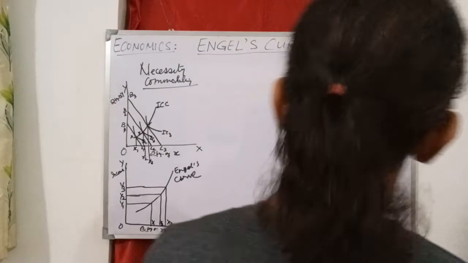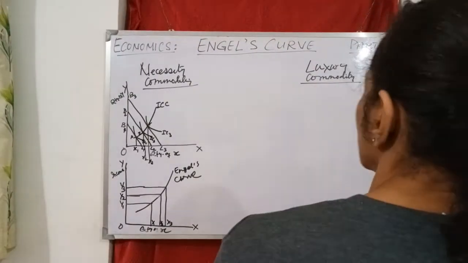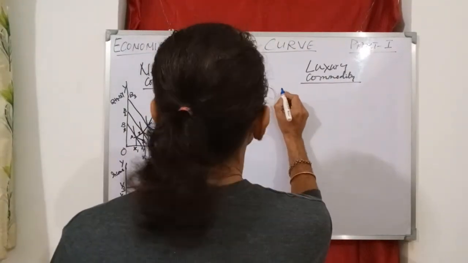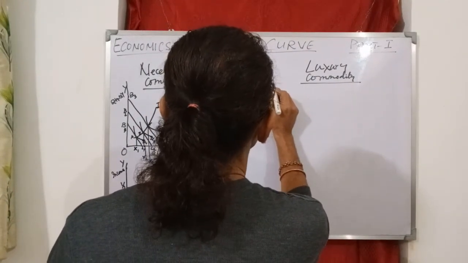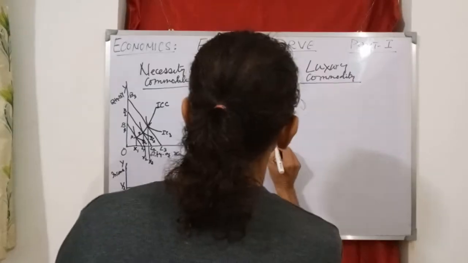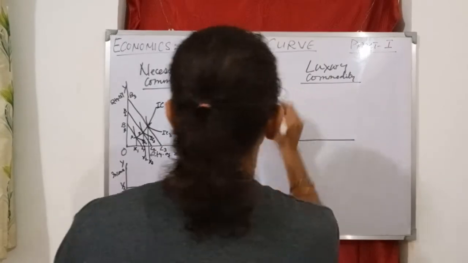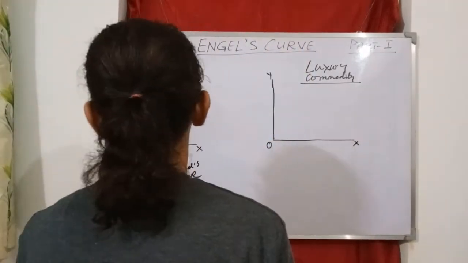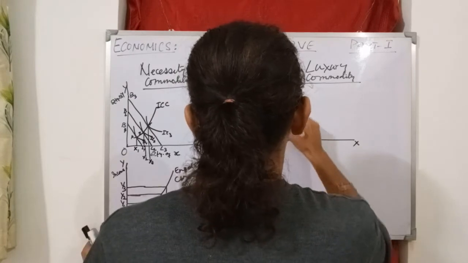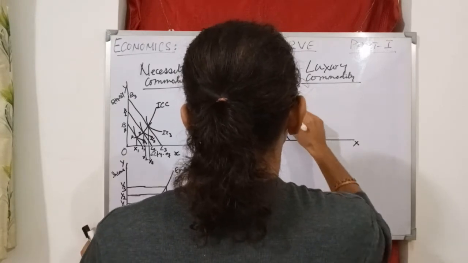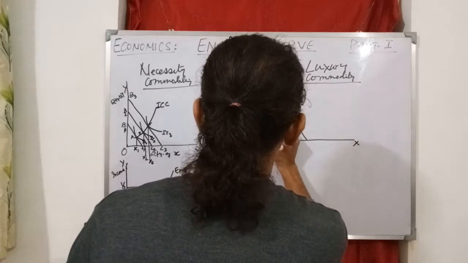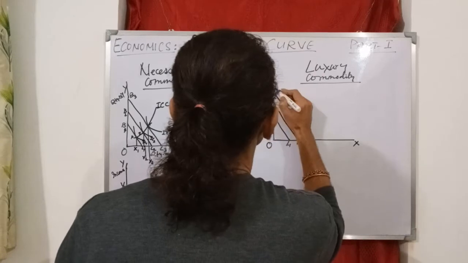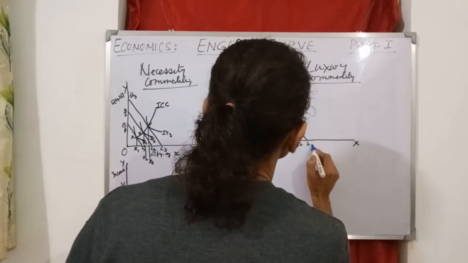Now we shall discuss the ICC and Engel's curve for a luxury commodity. Say these are the budget lines, B1, L1, B2, L2 and B3, L3.